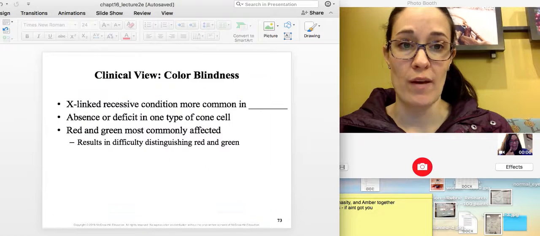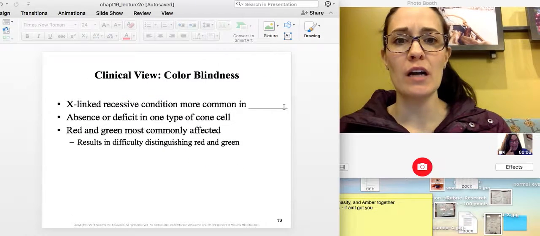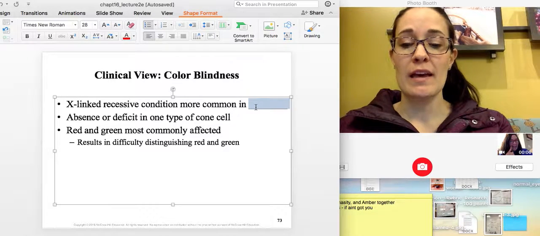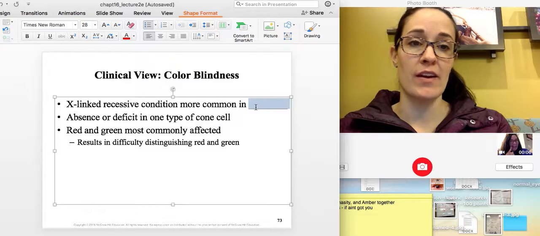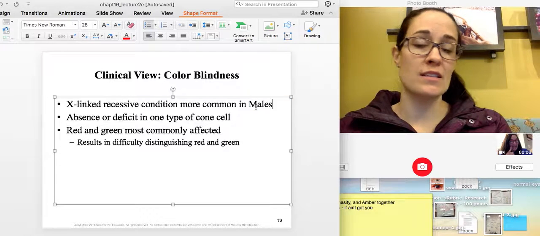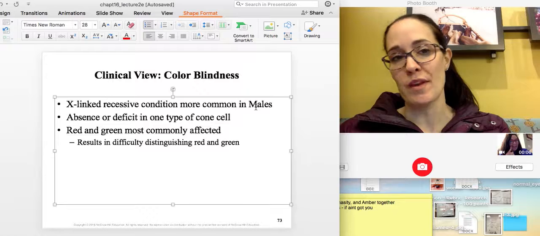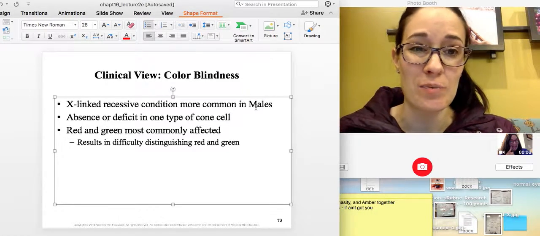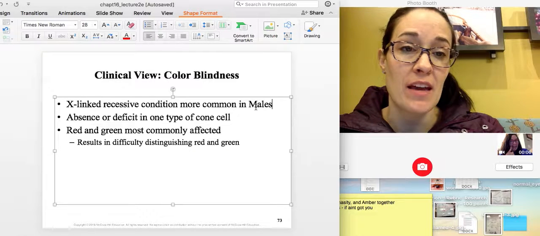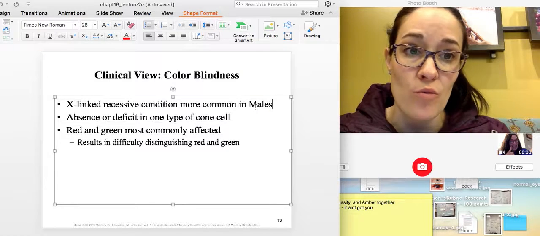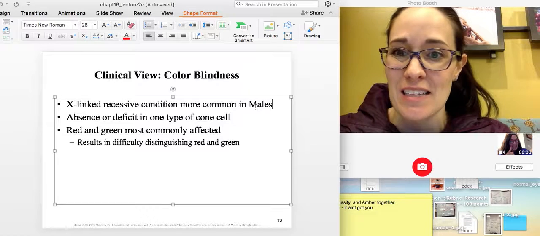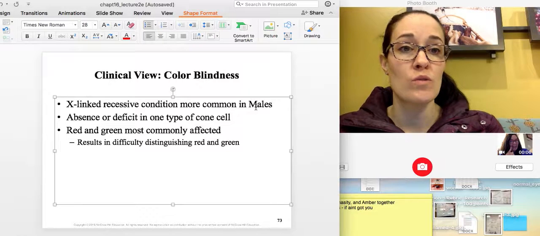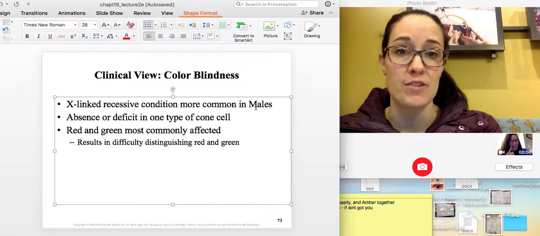If you're colorblind, first of all, it's genetically X-linked, meaning it's carried on the X chromosome. For that reason, it's more common in males, because males only have one X chromosome. So if they inherit color blindness on an allele on the X chromosome, they're more likely to show that disease because they don't have another X to protect themselves. To be colorblind, you need one cone cell to be absent or deficient.